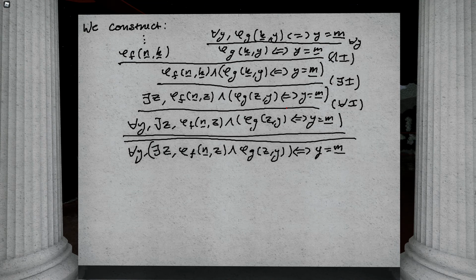I'm not suggesting being lazy about it. I'm suggesting using derived rules, right? So I want to say something like, this is a derived rule, right?